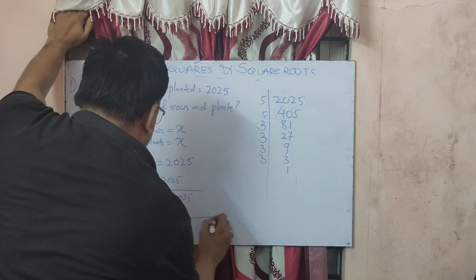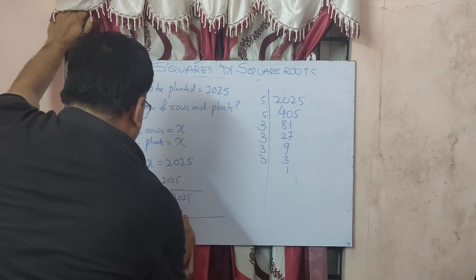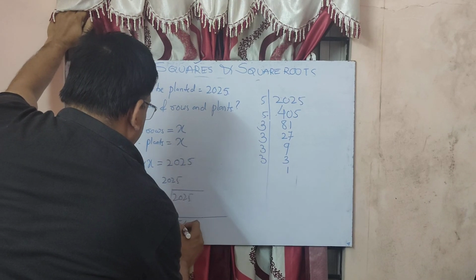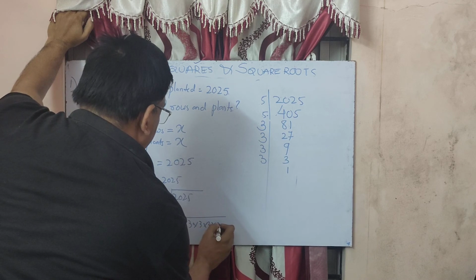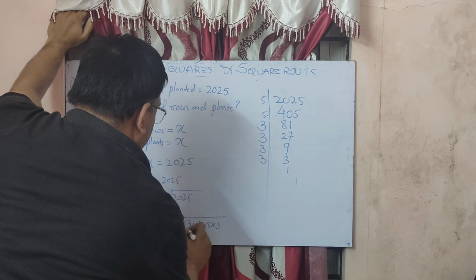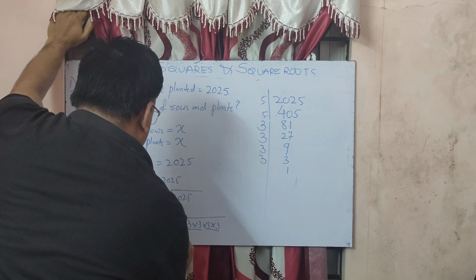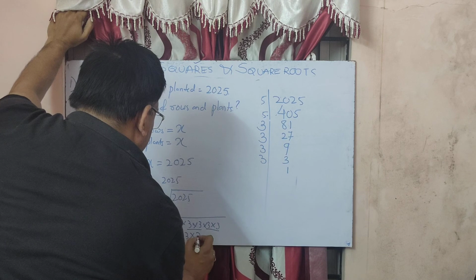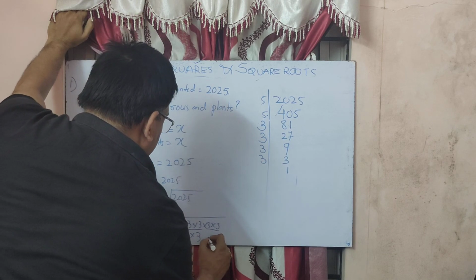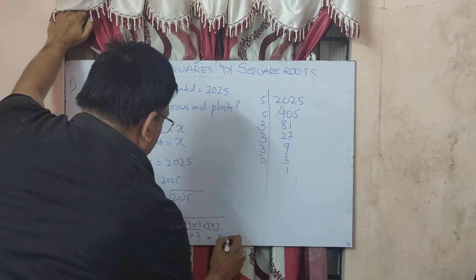So you have to write it down here: 5 two times and 3 four times. Pairing will be done. So this is 5, 3 and 3. 5 threes are 15, 15 threes are 45.